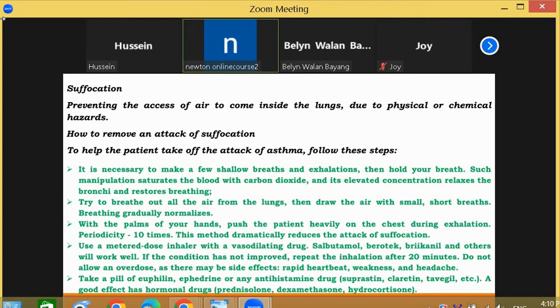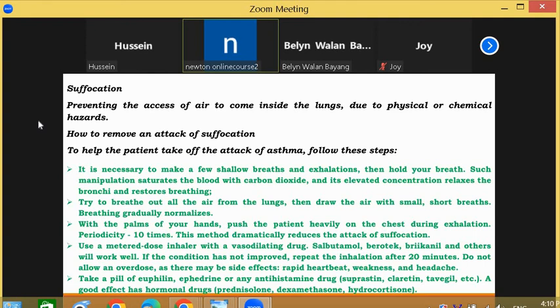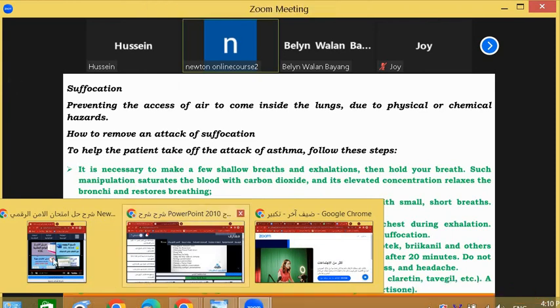When the patient is breathing out, you tap the patient's chest about 10 times. Then the patient can breathe normally. Some people have asthma and take medications continuously, so you have to ask the patient whether they are taking any medications or not.